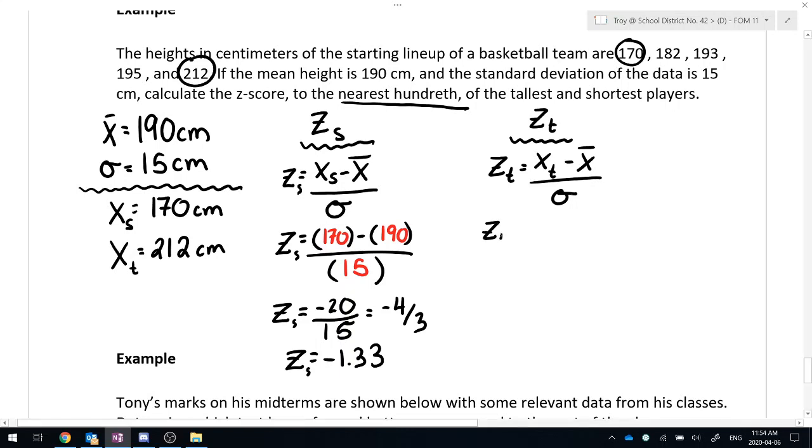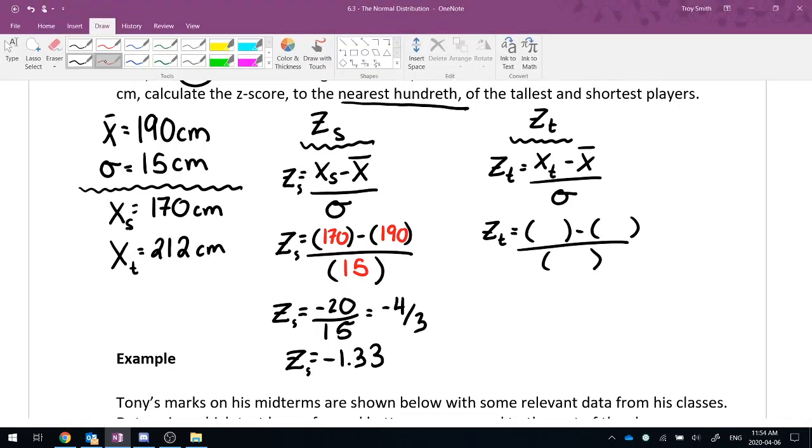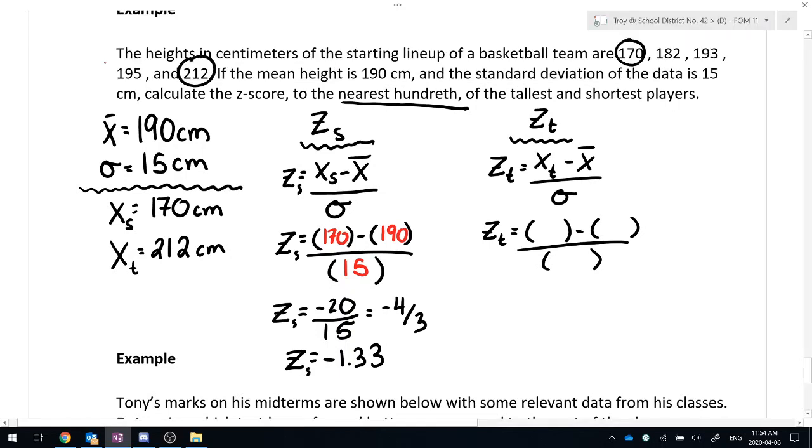So again, we're just substituting our values in here, using red to show my substitution. So XT, as we got from the question, is 212 centimeters. The average height is 190, and again, the standard deviation is 15. Those two values are not going to change player to player.